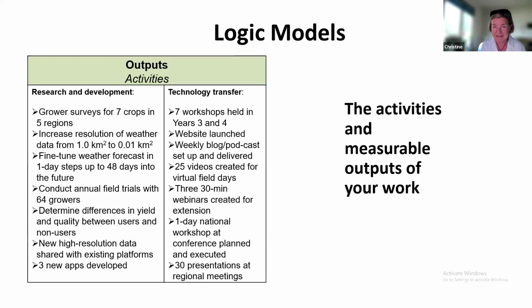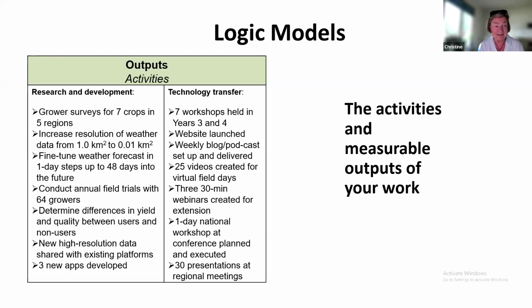So in my example, I have done this here. On the research and project development side, I have surveys for 7 different crops and 5 regions. I increase the resolution of weather data from 1 square kilometer to a 100th of a square kilometer. We fine-tuned the weather forecast in 1-day steps to 48 days in the future.